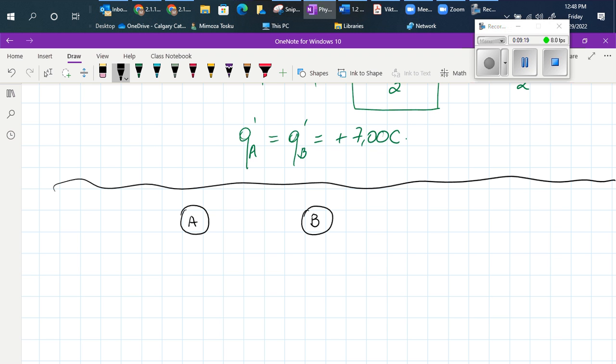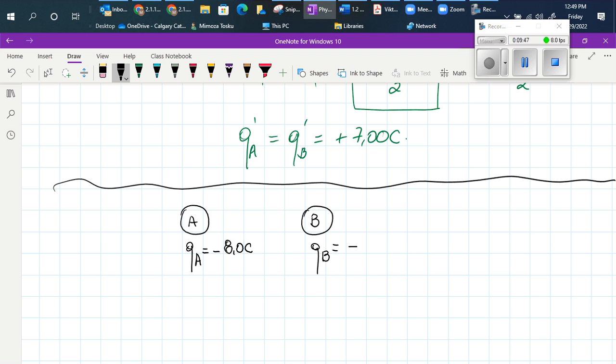You will not deal with non-identical spheres in the program of study of Physics 30. So charge A is negative 8 coulombs, and charge B, even when it is neutral, still works the same. You have an example of being neutral in the explanation there.